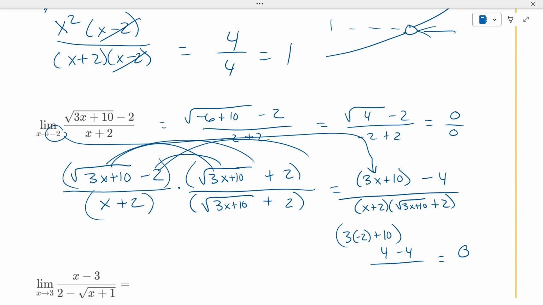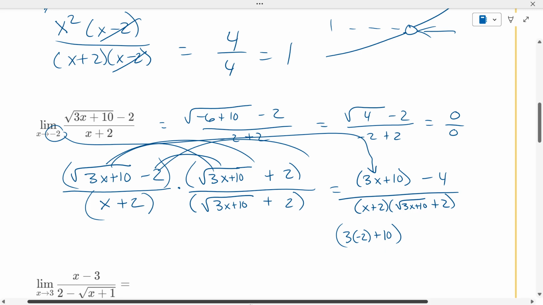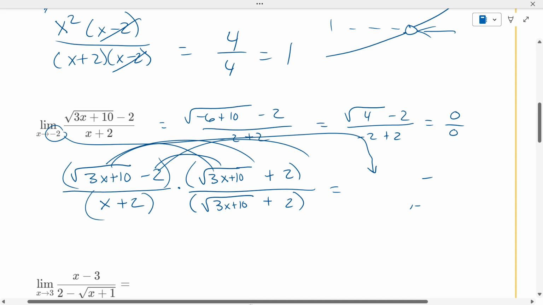What did I do wrong, people? What did I do wrong? Oh, I do have to multiply this out. I'm sorry, I do have to multiply this out, I think.